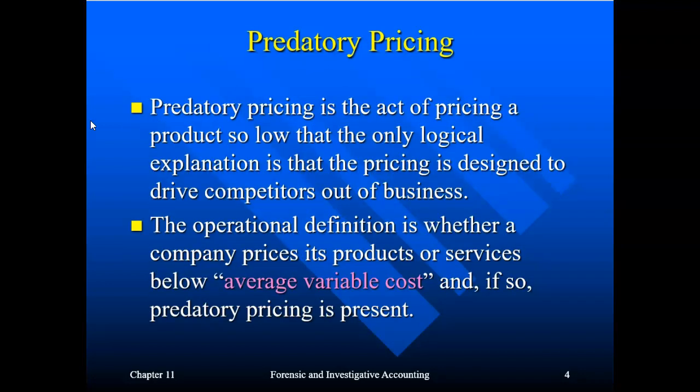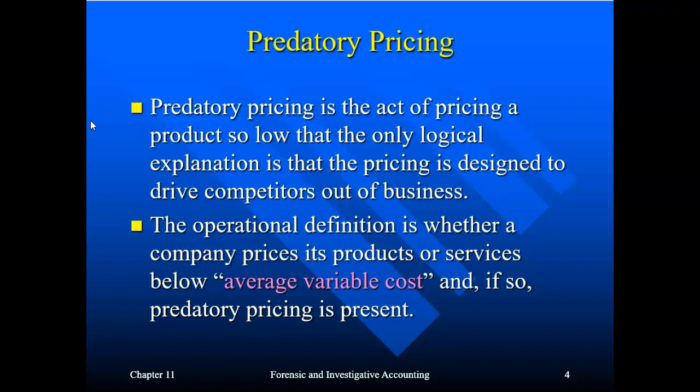Predatory pricing. This is the act of pricing a product so low that the only logical explanation is that the pricing is designed to drive competitors out of business. That's the only reason. So what is predatory pricing? You can see in the next bullet point, the prices are below average variable cost.